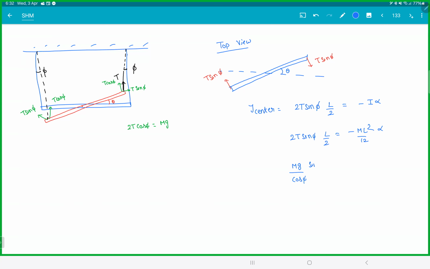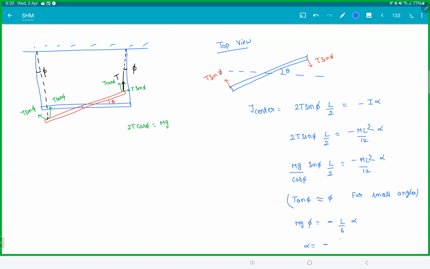Mg by cos phi, sin phi into L by 2 is minus ML square by 12 alpha. L goes off, 2 goes off. For small angles, tan phi is approximately phi. That would be mg phi is equal to minus L by 6 alpha.